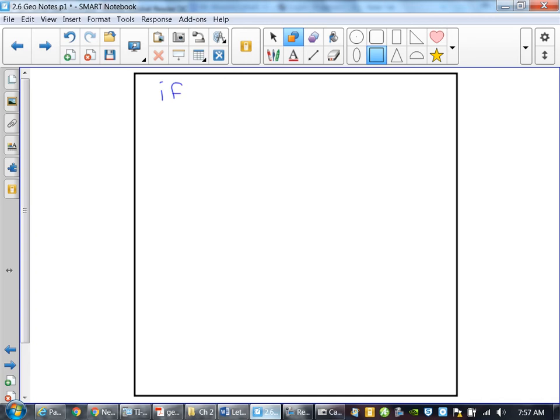If given perpendicular, this is one of the most common ones that you see because this, if given perpendicular, will allow you to tell, you can get like 3 things out of it.